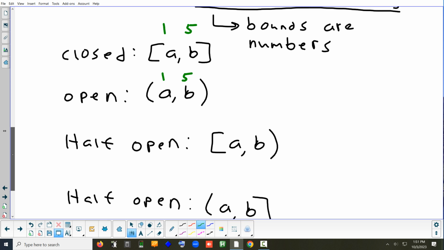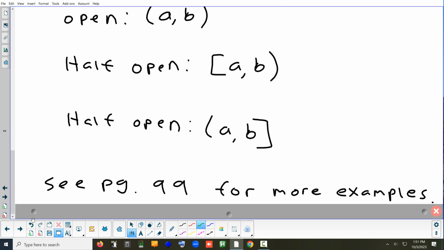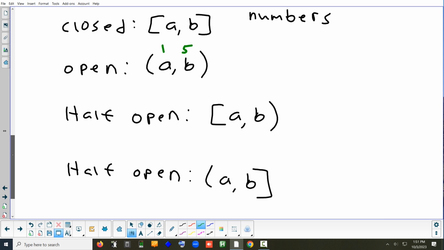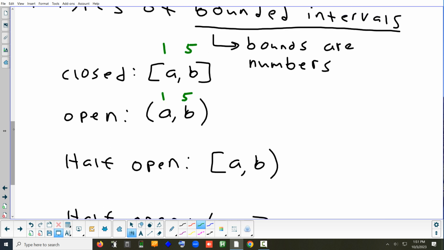Right, so those are all what we call bounded intervals. If you wanted to see what it would look like on a number line, well, if I did this one, it would be from A to B, open circle on A, open circle on B, shade between.